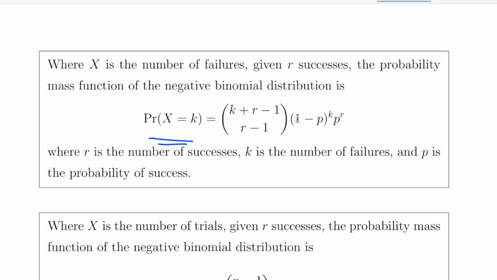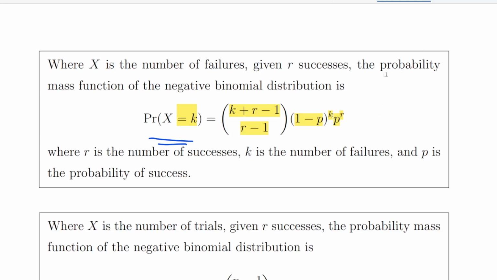Now, just draw your attention to the fact that we have 1 minus P to the power of K here, times P to the power of R. You also will deal with several different varieties of the binomial coefficient as well. Now, just to highlight the point that there are multiple specifications of the negative binomial distribution, over the course of your studies and your work with it, you should get very acquainted and very aware of these various different specifications and when and where to use them.